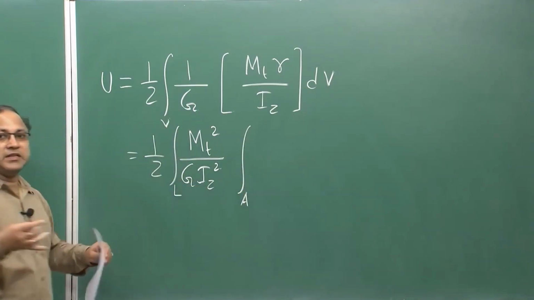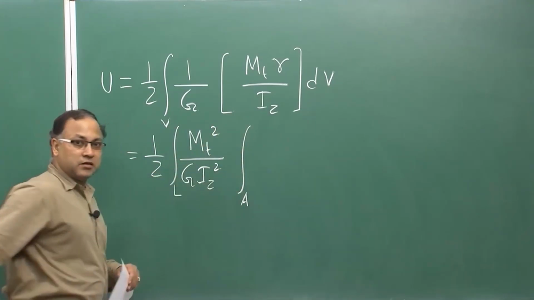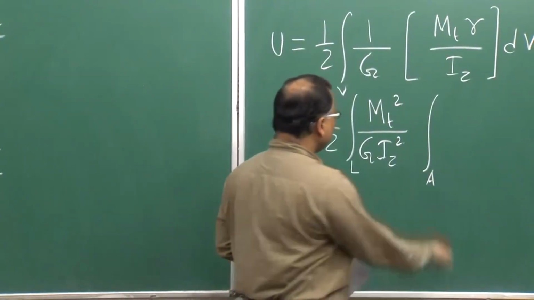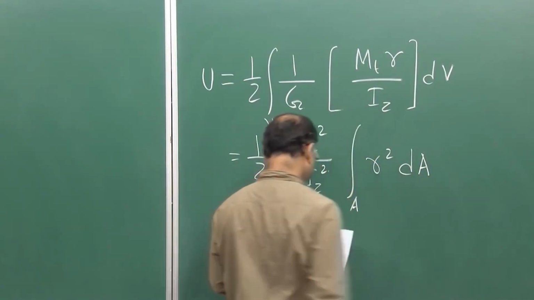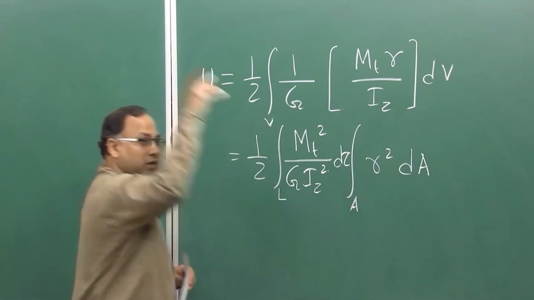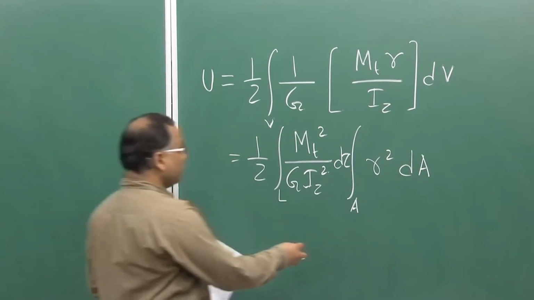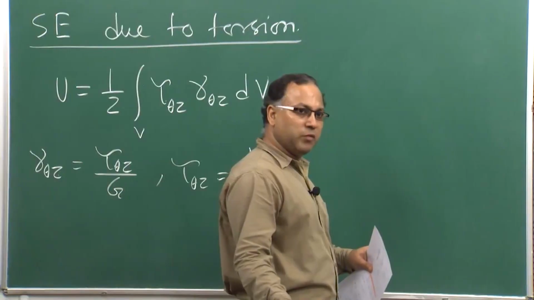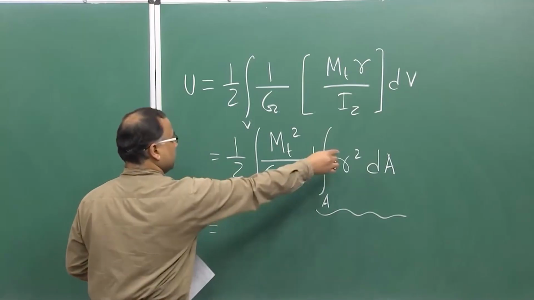So, that is basically a triple integration. First integration over the length and then integration over the area, and that creates the integration over the volume. So, that is the triple integration that you know. So, this I can write r square dA, and this is your dx or dz. We are considering the z direction along the axis of the cylinder member. Now, this r square dA over the area A is nothing but the polar moment of inertia, so that will be your Iz.